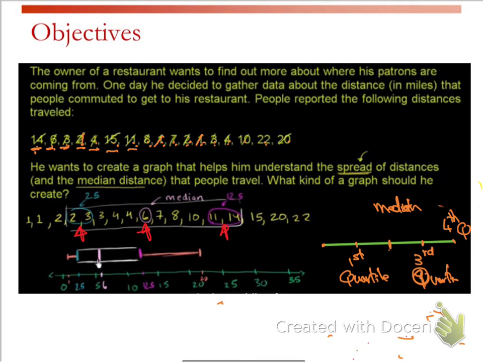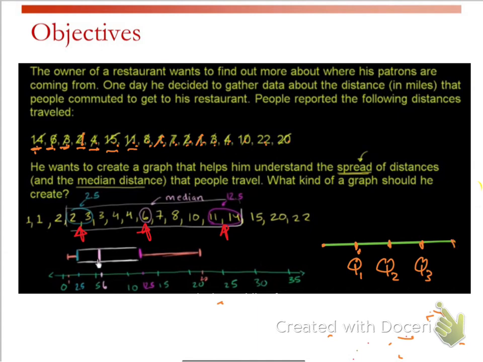So now we can write it in this way. Here, this point is Q1, we reach Q1. This is Q2, the second quartile. Q3, this is Q4.